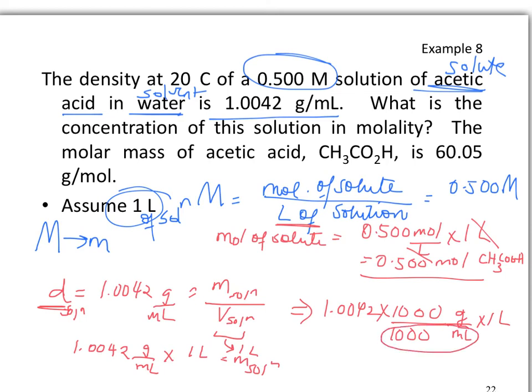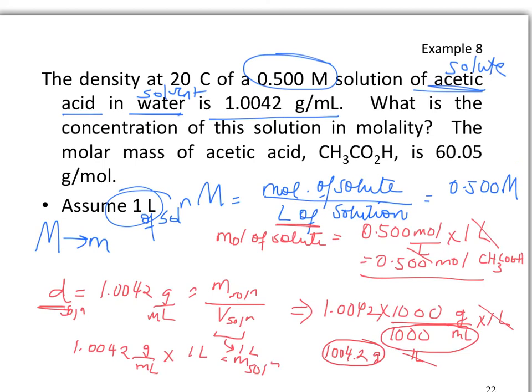The 1000 milliliter boils down to a liter, so those two are going to get cancelled. And so I can say safely that 1004.2 grams is essentially the total number of grams that we are dealing with as far as the mass of the solution goes.